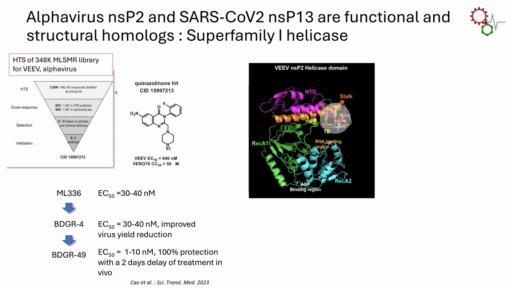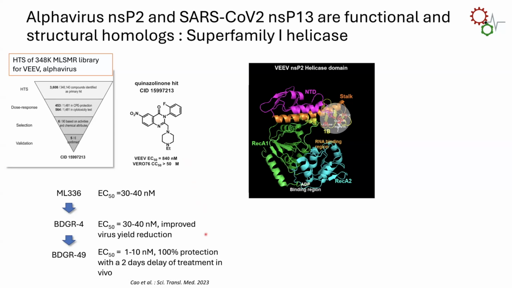We started with a phenotypic, cell-based screening assay using 350,000 compounds. Back then, it was quite a huge library. What we ended up with was one compound, a quinazolinone. Out of this screening, we found the EC50 for the live cell virus assay was less than 1 micromolar. We found that this is a quite interesting compound, and then we followed up with medicinal chemistry.